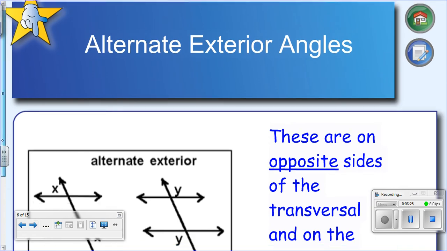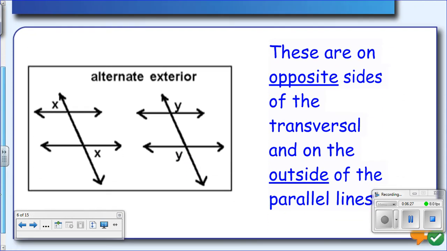Alternate exterior, very similar. Alternate, think of opposite, so that means opposite sides of the transversal. Exterior meaning outside. If I ask you to go to the exterior of a home, you're going to go outside.